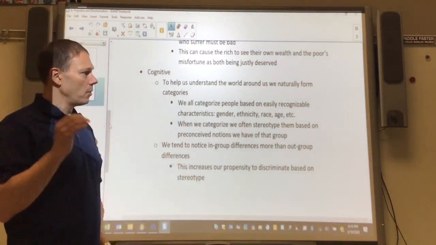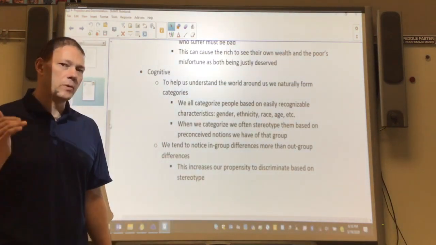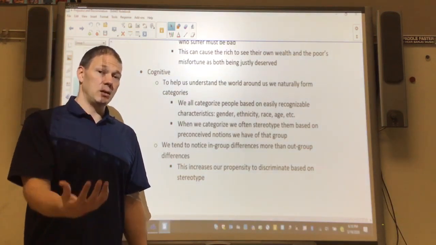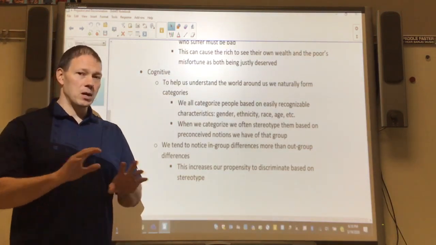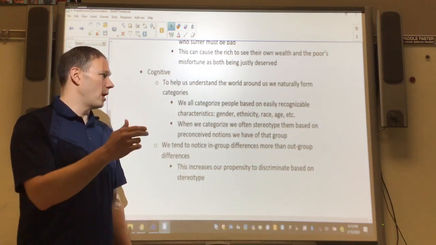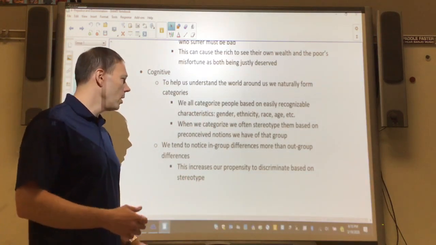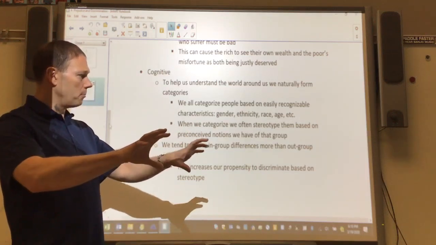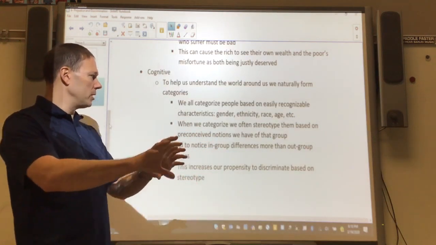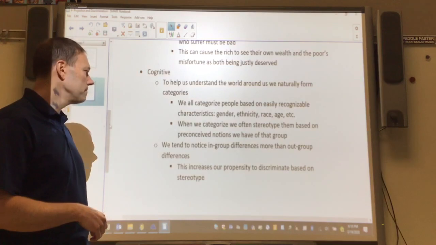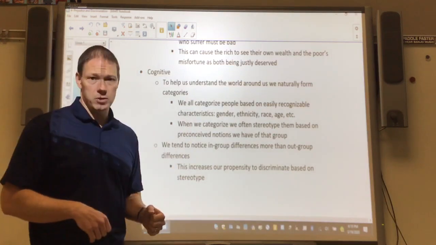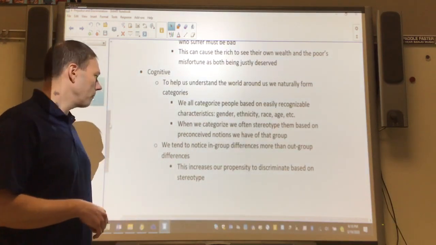So we do that in the simplest, easiest way we can, which is what we see. Again, what do we see about people without even knowing them? We can see their gender, ethnicity, race, age, things like that. So we often automatically start separating people into groups based on those things that we see, and that's when we stereotype them, okay, like we said a moment ago.